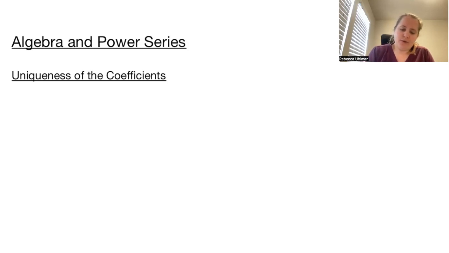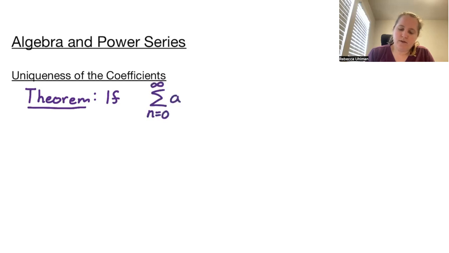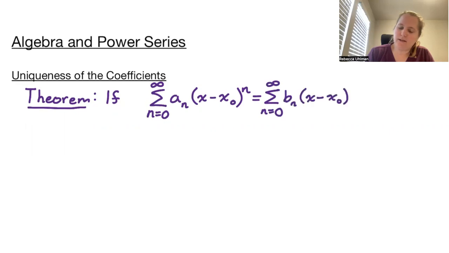We have a useful theorem which says that if the power series from n equals 0 to infinity of a sub n times (x minus x naught) to the n is equal to the series from n equals 0 to infinity of b sub n times (x minus x naught) raised to the n on an open interval about x naught or containing x naught.